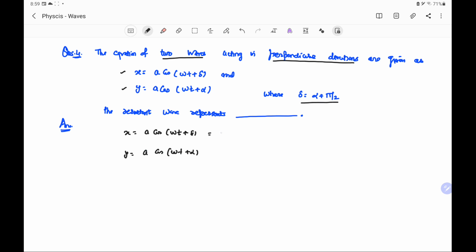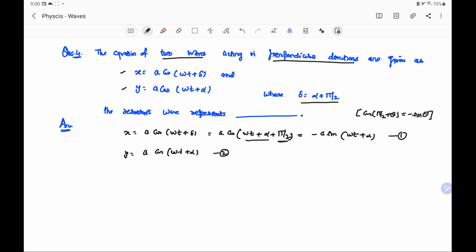So replacing it, we have a cos (omega t plus alpha plus pi by 2), and using the trigonometrical relation cos (pi by 2 plus theta) equals minus sine theta, we have minus a sine (omega t plus alpha). So this x is equation number 1 and y is equation number 2.